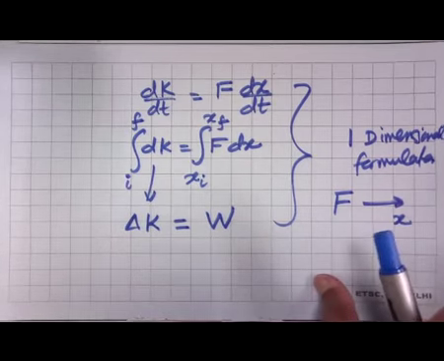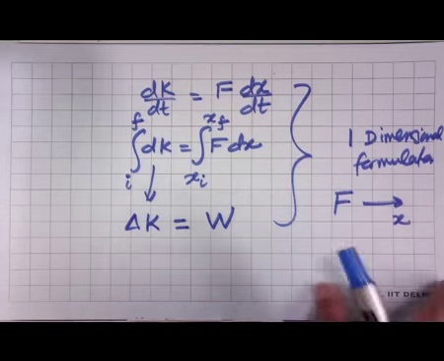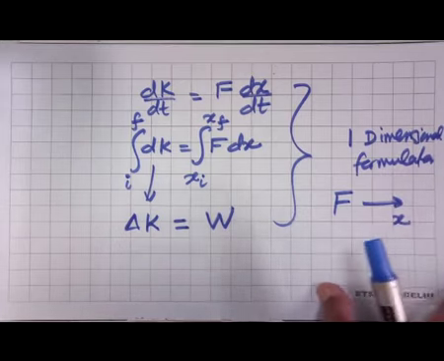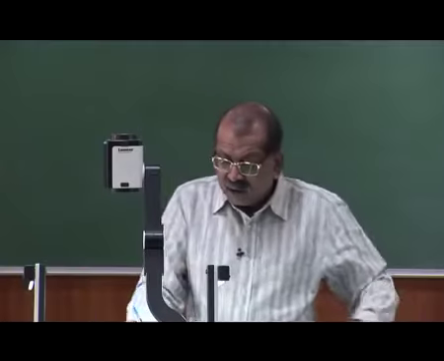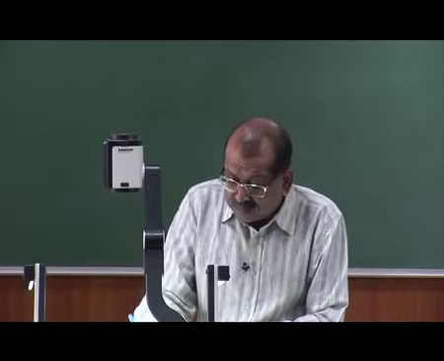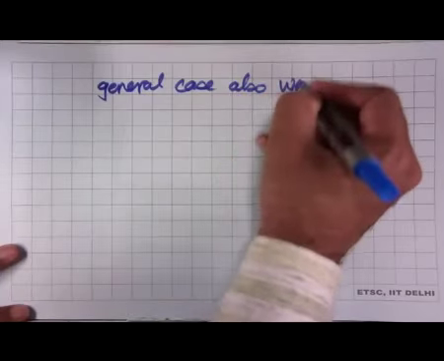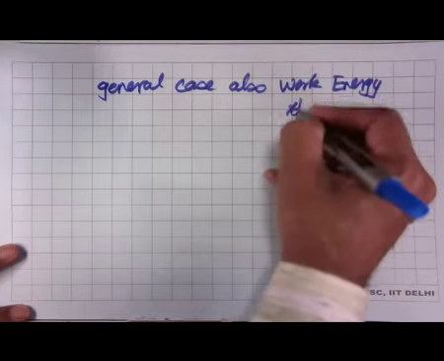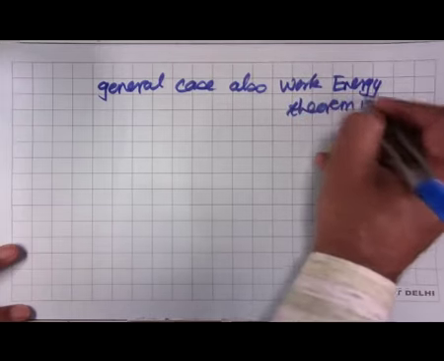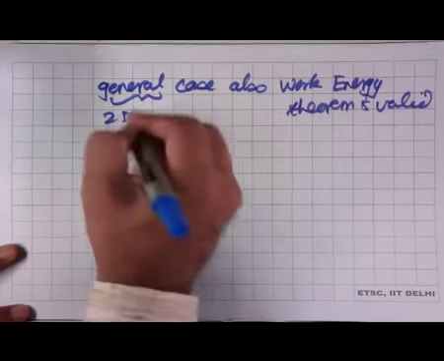Well, this derivation has been done for one dimensional motion, but this is also valid for a general case, and by general I mean 2D or 3D motion, the work energy theorem is valid.